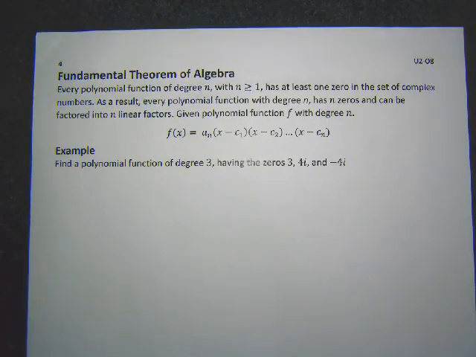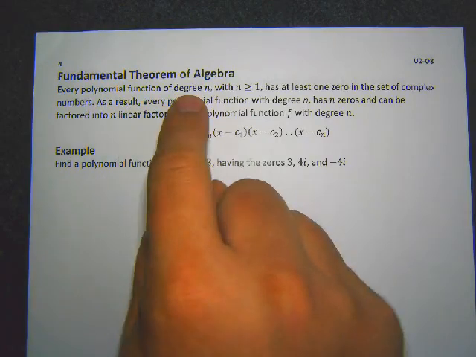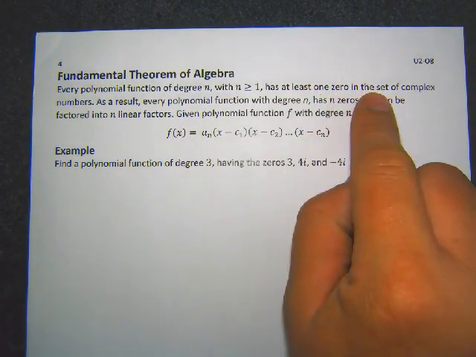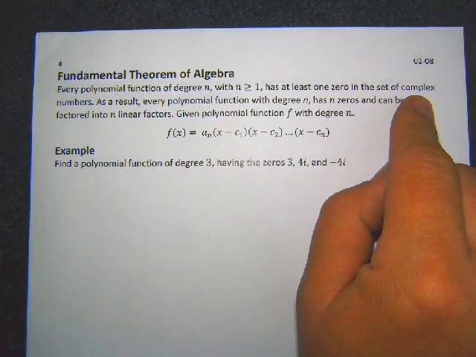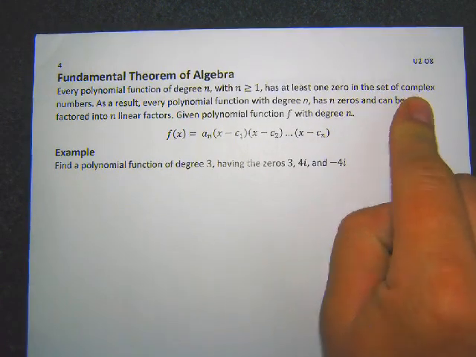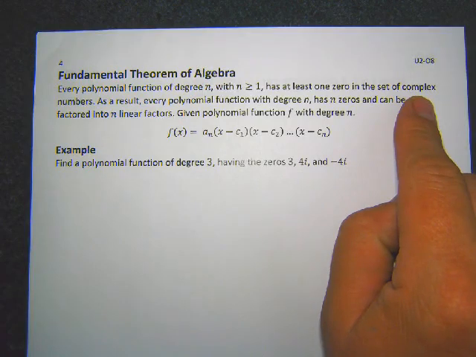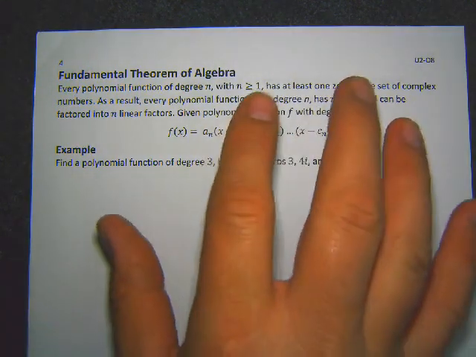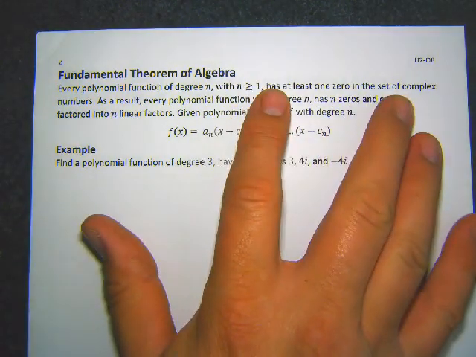This says that if you have a polynomial of degree n, where n is at least 1, then there is at least 1 zero if you include all numbers, including the complex numbers. If you don't include complex numbers, of course, there are always polynomials you can't solve without using i's. But once you're using i's and can work with complex numbers, real numbers, all that stuff, then every polynomial has a solution.